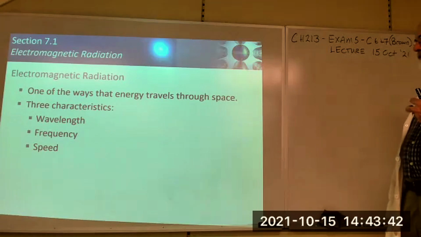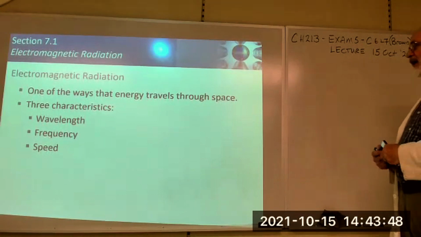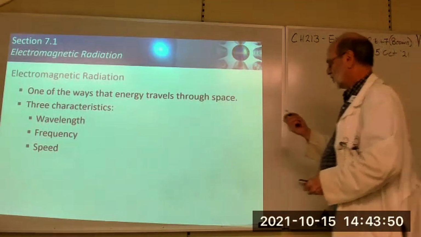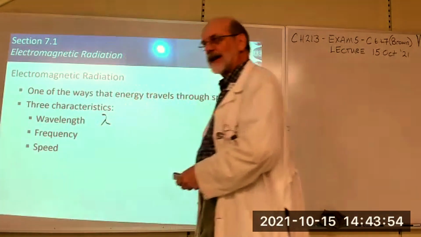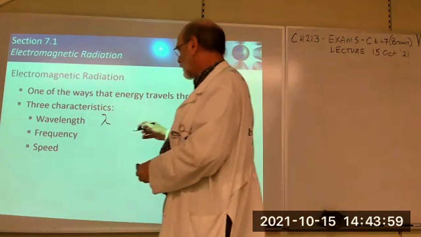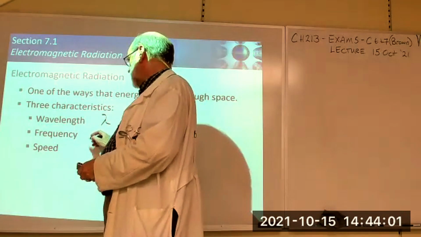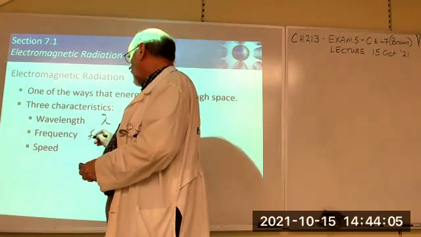It has three characteristic parameters that define light. One is the wavelength, and we designate that with a Greek lambda. That's a small lambda. And then frequency is usually given, I've seen it more often now, as a small f.